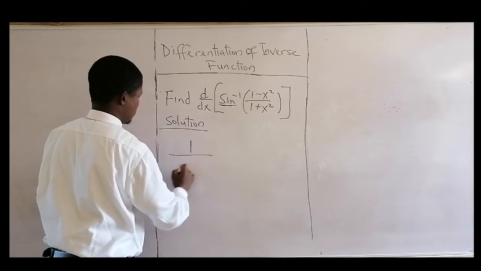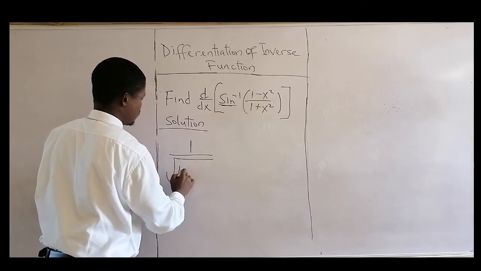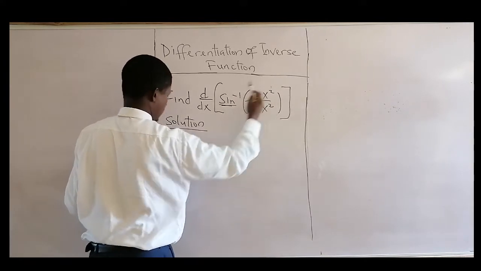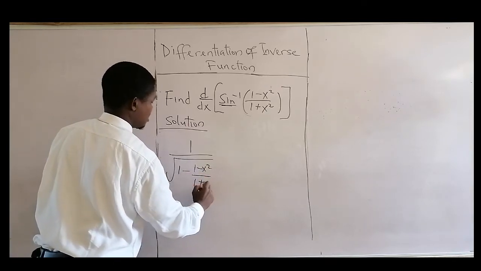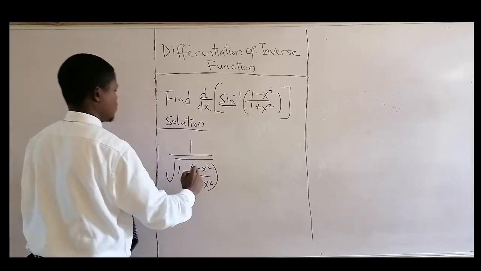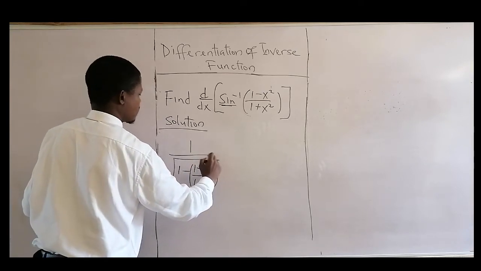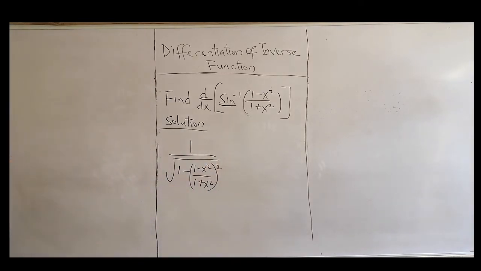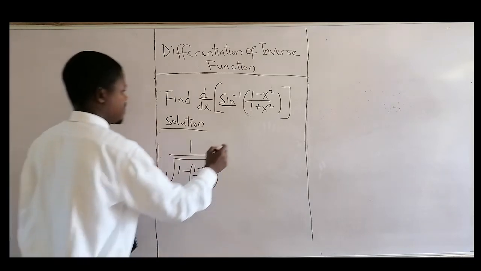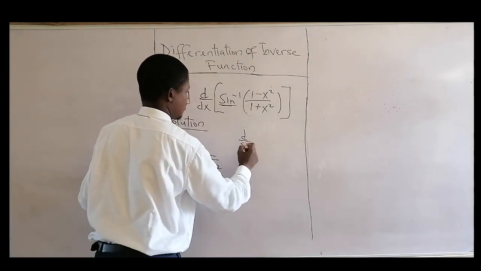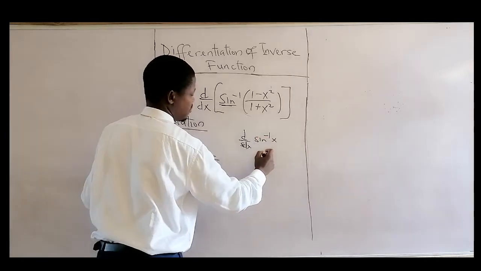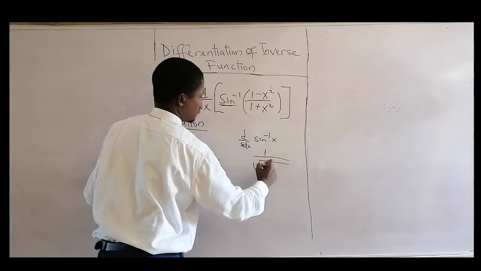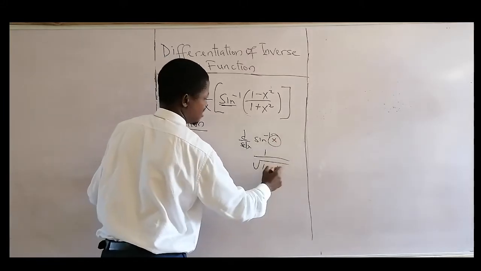That's 1 over square root of 1 minus, what do you have here? That's a function, 1 minus x squared over 1 plus x squared, all squared. That's the first thing you have to do there. Don't forget that if you have d dx of arcsin x, this will give you 1 over square root of 1 minus whatever you have here, x squared.